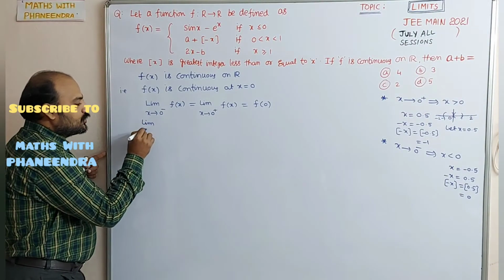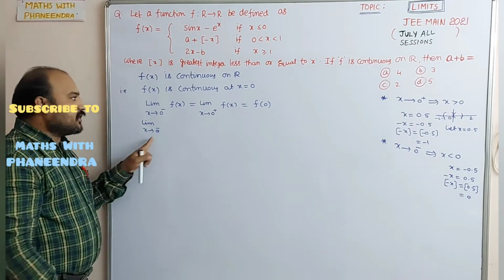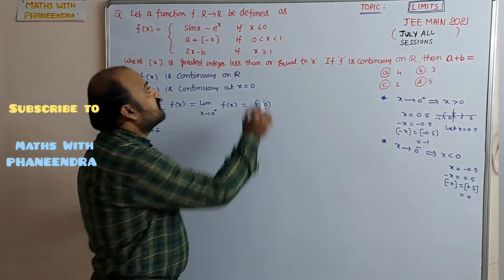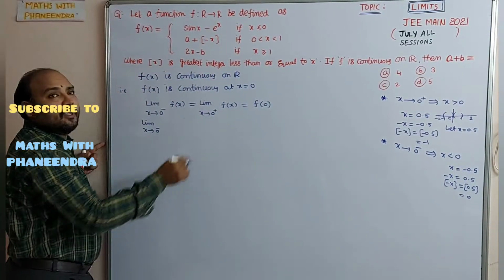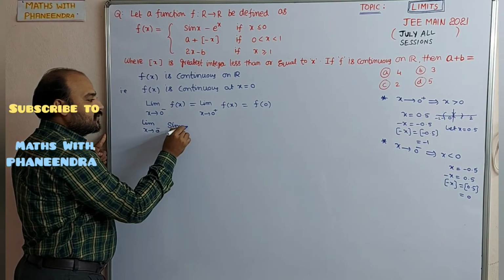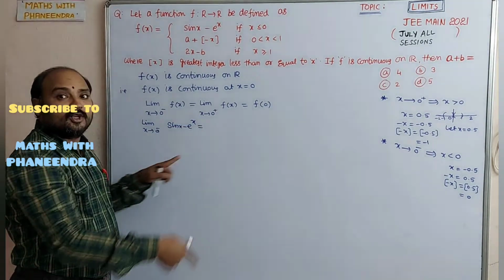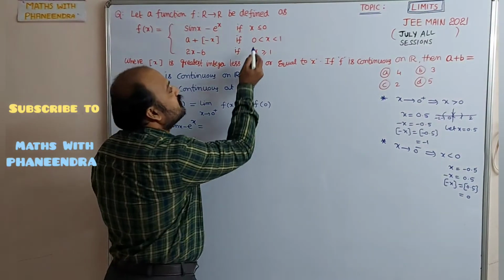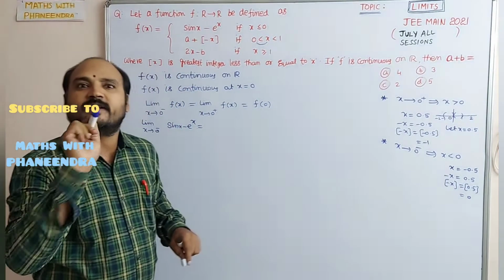Limit x tends to 0 minus, x is less than 0. x is less than 0, the function value is what? Clearly, x is less than 0, sin x minus e power x. x tends to 0 plus, x is greater than 0. 0 is less than x, meaning x is greater than 0.